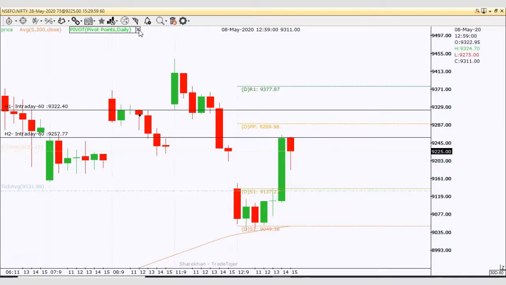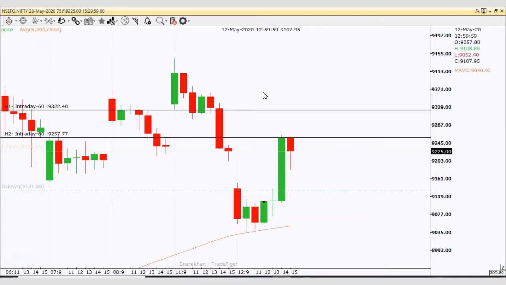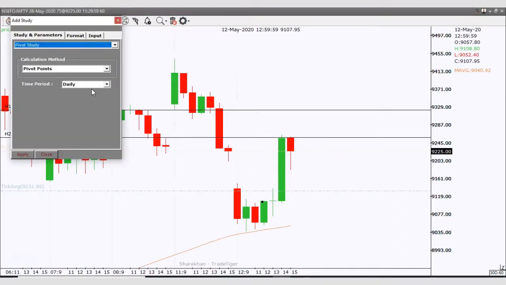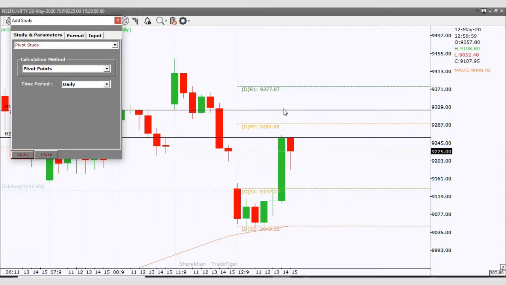Normal floor pivots everyone will give you, but the CPR range no one will give you. I'm adding daily pivots. You can also add weekly, monthly, quarterly, all pivots. As of now I'm adding only daily pivots. I just added, and if you see here, it came.